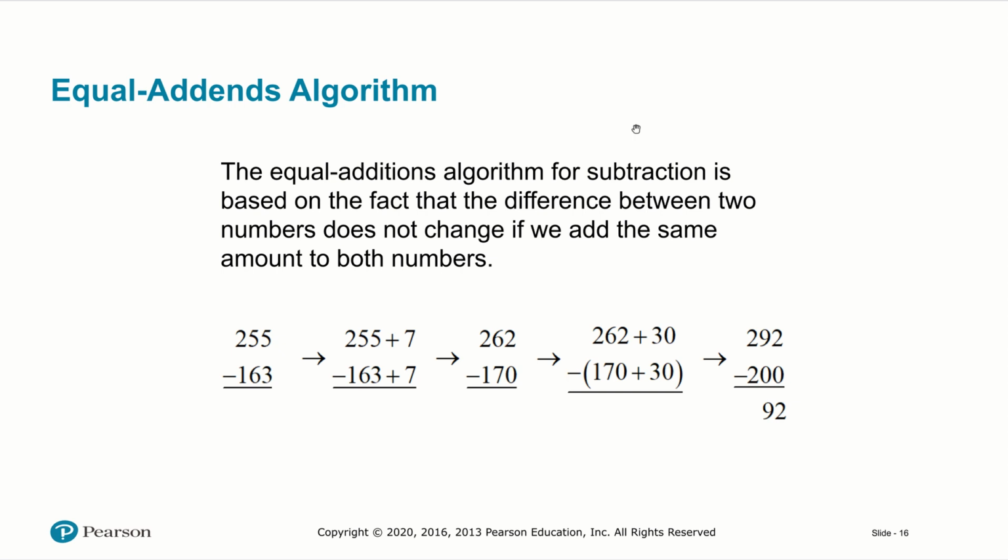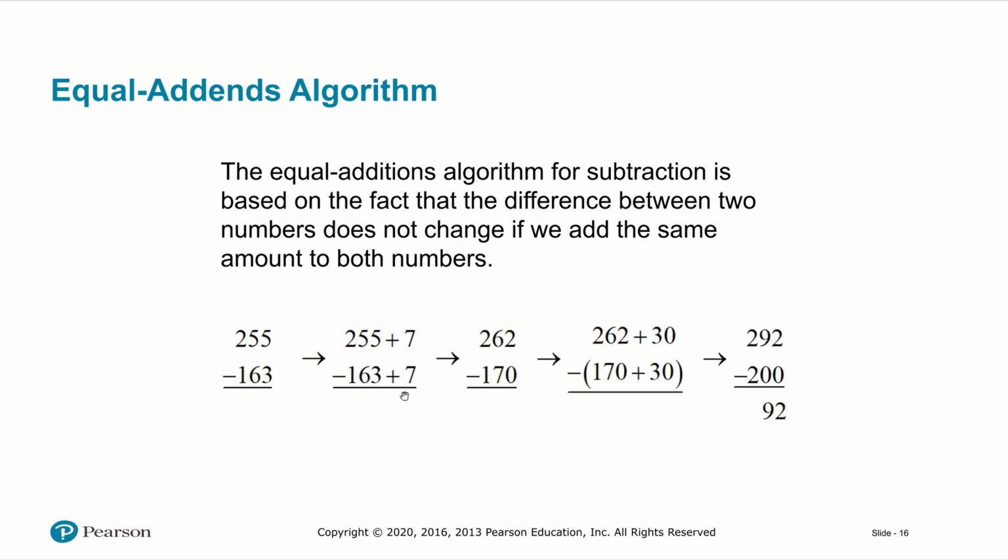All right, next we'll use a very useful technique called the Equal-Addends Algorithm. And this relies on the fact that the difference of two numbers is not going to change as long as you add the same number to both of those numbers. So here we notice that we can quickly get from 163 to a multiple of 10 if we just add a 7, right?